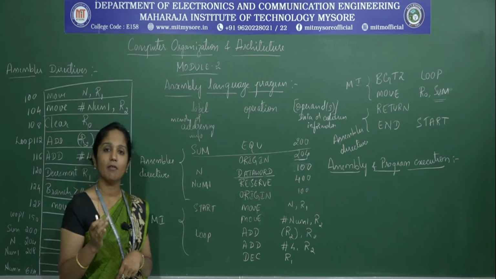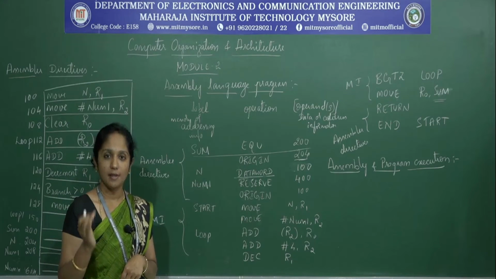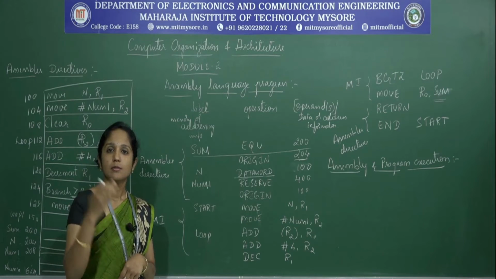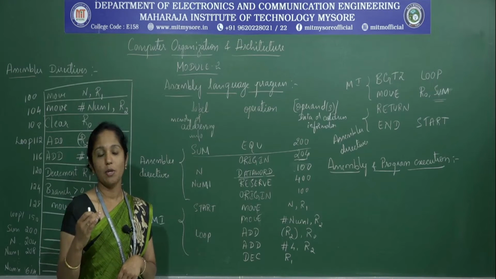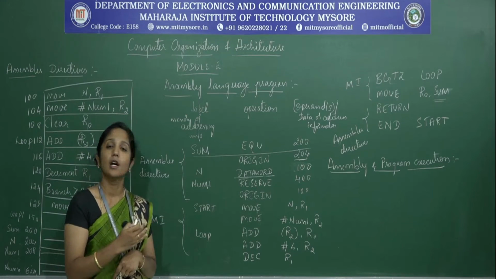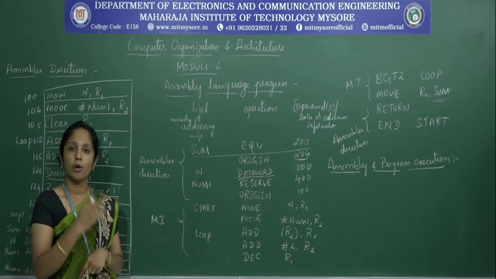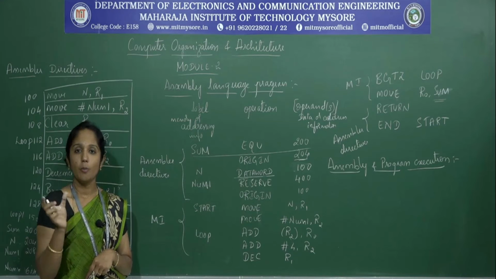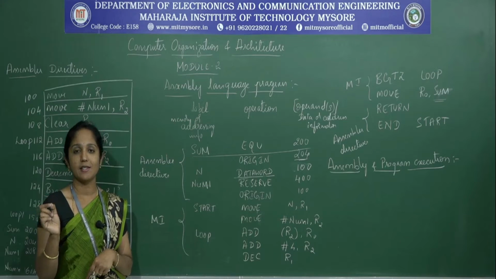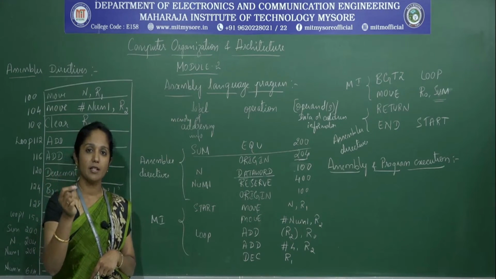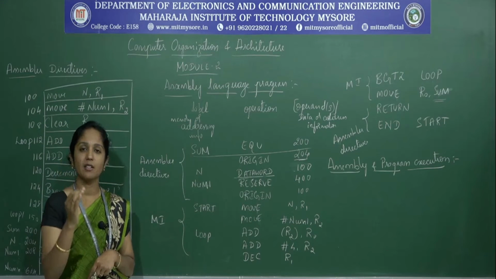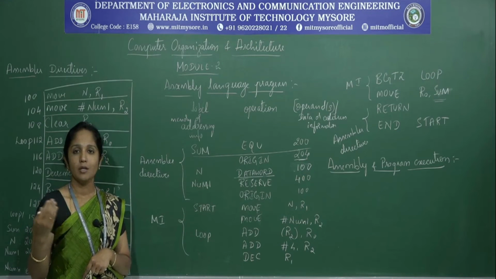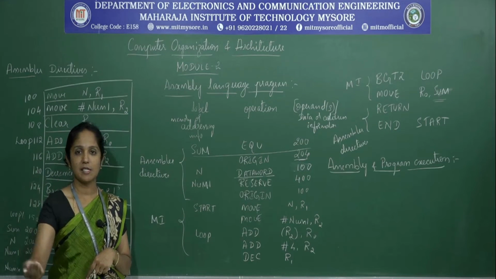Once the object program is ready, we need to store it in the memory, because usually the object program, whatever we get after the assembler translates from source to object program, will be present in the magnetic disk, and we have to move the contents present in the magnetic disk into the memory. In order to do so, we require input output operations, which we will discuss in the next part.